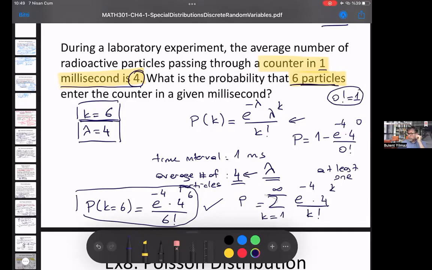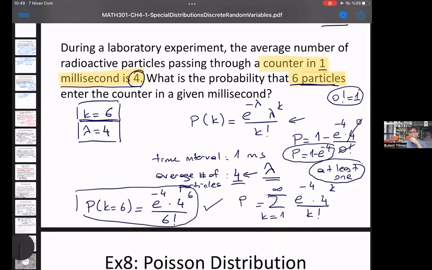So this is 1. So it's going to be 1 minus e to the power minus 4. Is the probability that I will get at least one particle. Okay, so it's a huge probability. It's almost 99.9%.